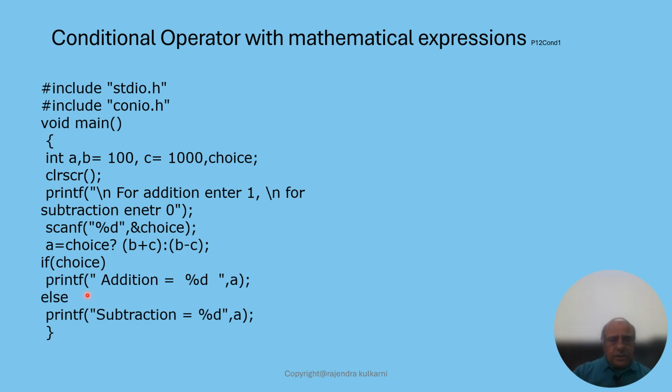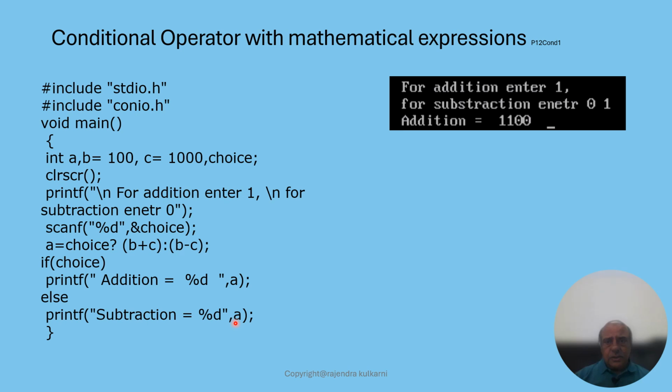The output statements will give us the result: addition is equal to %d, the value of A, will be displayed if choice is 1. If choice is 0, subtraction is equal to the value of A will be displayed on the screen.